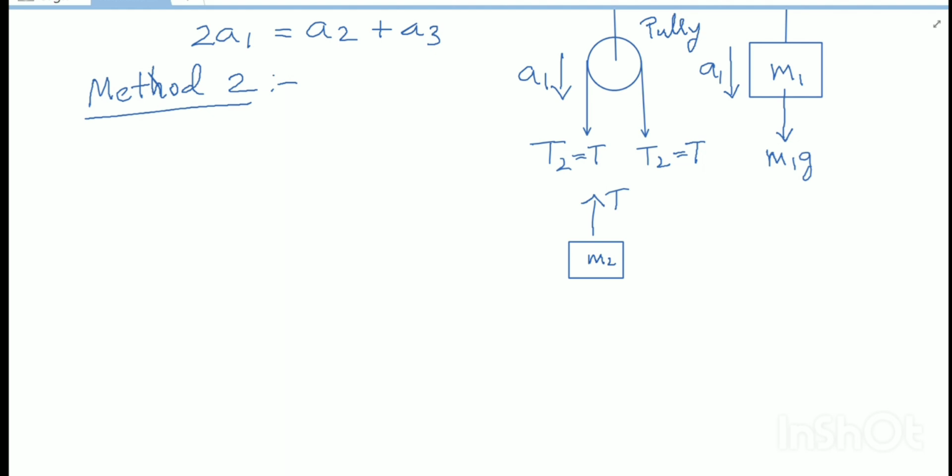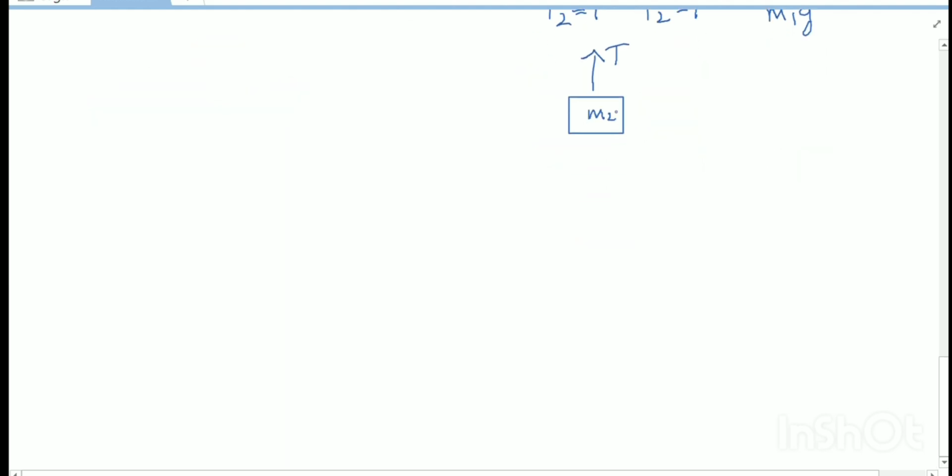The acceleration relationship is 2A1 equals A2 plus A3.